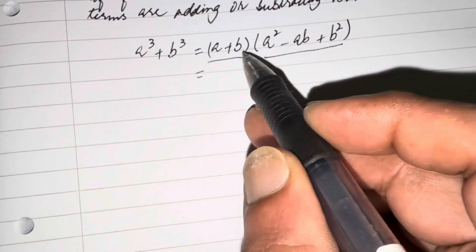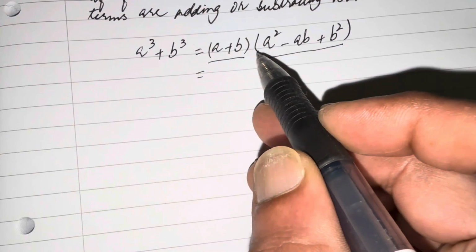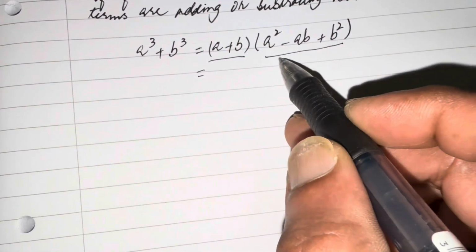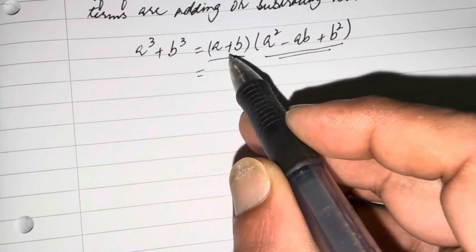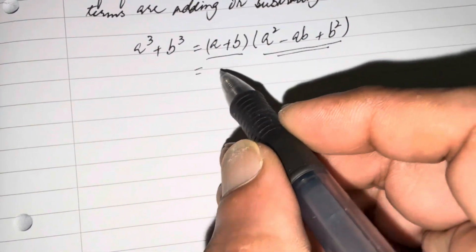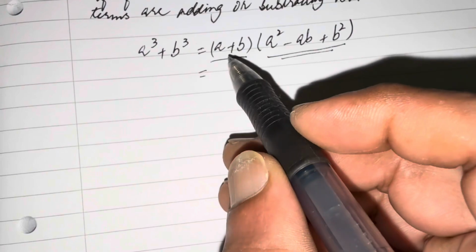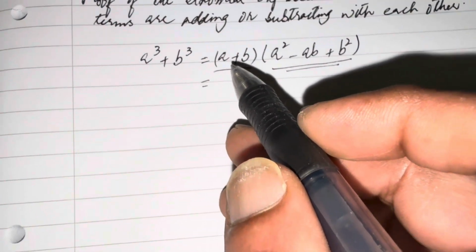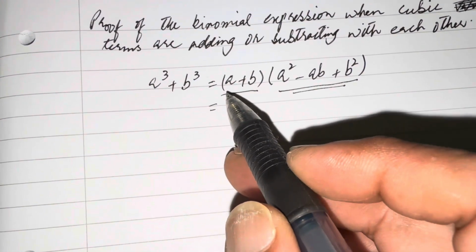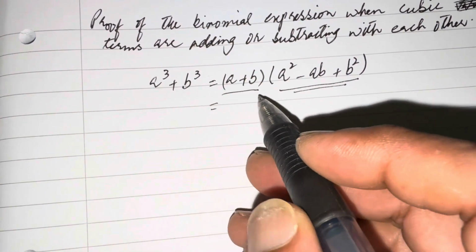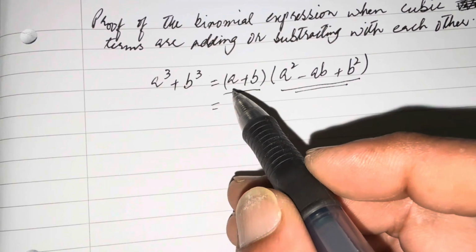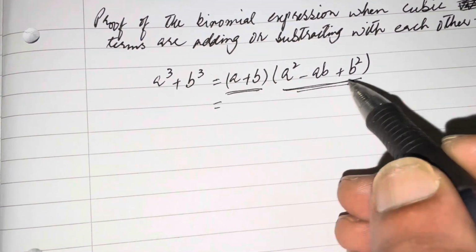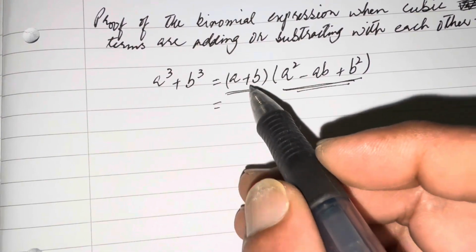These parentheses, these small brackets are showing that whatever is in the small brackets is multiplying with each other. So you have already known about the multiplication of different kinds of expressions. So we are going to multiply these two expressions with each other.